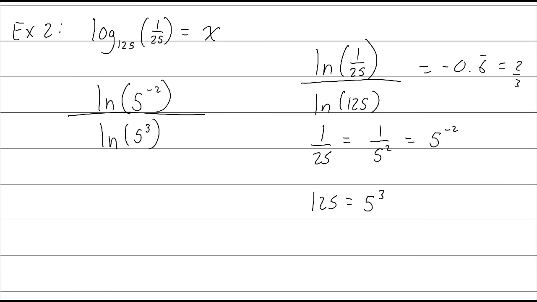I'm writing it like this because of one of the properties of logarithms: you can take the exponent and bring it out to the front. So I can rewrite this as -2 natural log of 5 over 3 natural log of 5. There should be a negative because I didn't carry my negative over. Look at me making silly mistakes. When you write it like this, you can see those two cancel to leave you with -2/3. That's actually a little better way to think about it.